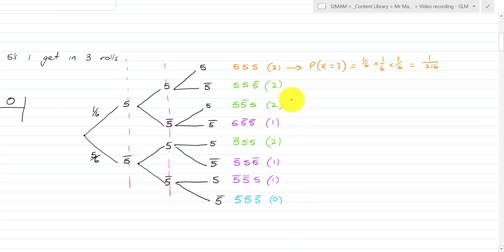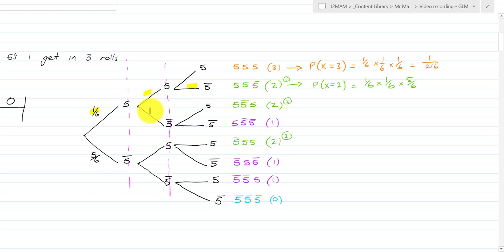Now in green, I get the probability of getting 2 5s. Probability that x is equal to 2. And that's equal to 1/6 for the first 5, times 1/6 for the second 5, times 5/6 of getting a third not 5. But of course this has happened 1, 2, 3 times. If we follow along the branches, we'll see it's 1/6, 1/6, 5/6.